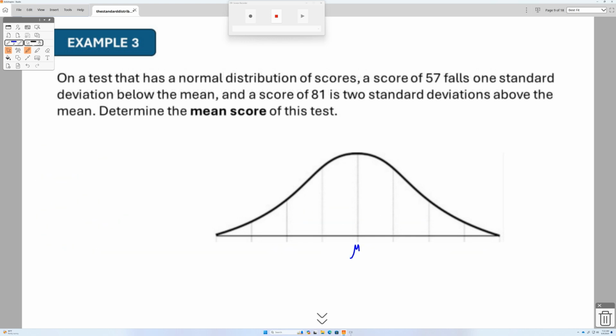In a normal distribution, 57 falls 1 standard deviation below the mean and 81 is 2 standard deviations above.